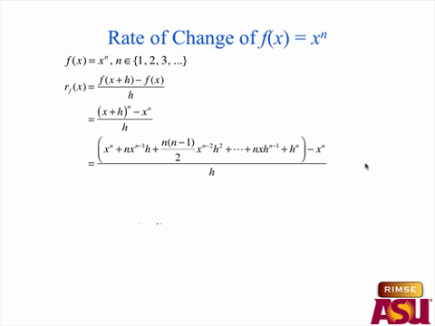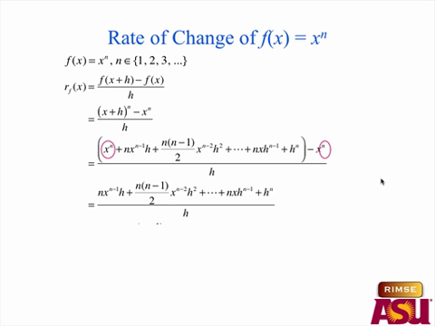So what's the first step then? What can we do to simplify? X to the n minus x to the n is? 0. Goes away. So we're just left with these terms. What's true about every one of those terms? They all have an h.